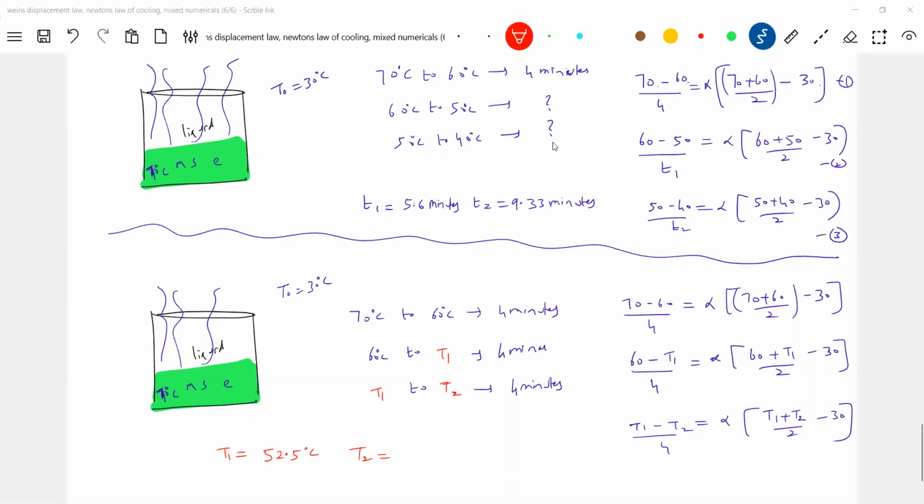T2. Just hurry up, T2 value. Anybody value of T2?